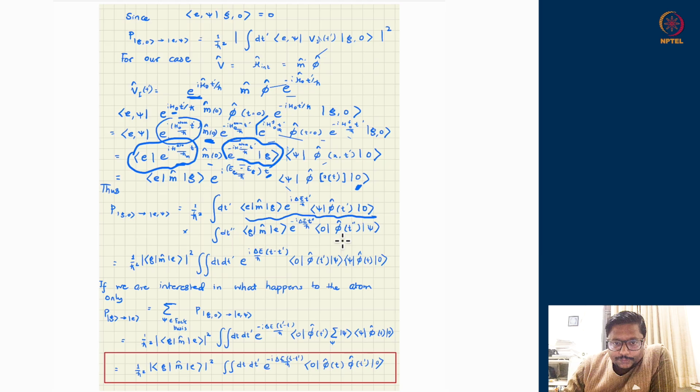Only thing is that this EMG will become GME this time, because M is a Hermitian operator, and the complex conjugate of this thing will just flip the role of bra and ket. The exponential will become a minus sign over here, and again the flipping between psi and 0, because the scalar field also is a Hermitian operator.